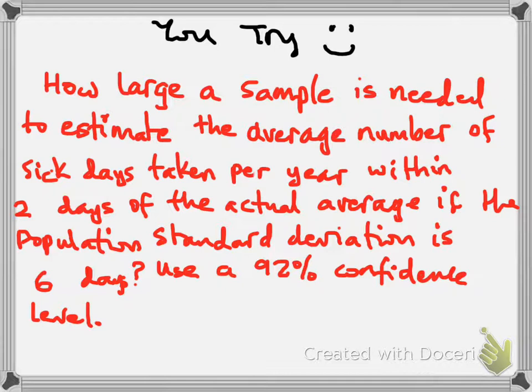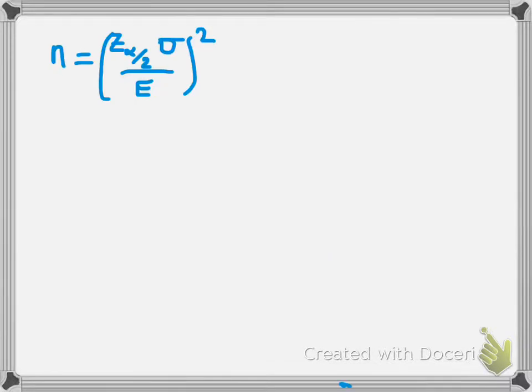And we know what the population standard deviation is, and we know the error range, and we know the confidence level. Our formula for that is n equals z sub alpha over 2 times sigma all over e, all squared. According to our question, we know that the population standard deviation is 6 days, and the error range is 2 days. Our critical value z sub alpha over 2, we are trying to create a 92% confidence level.